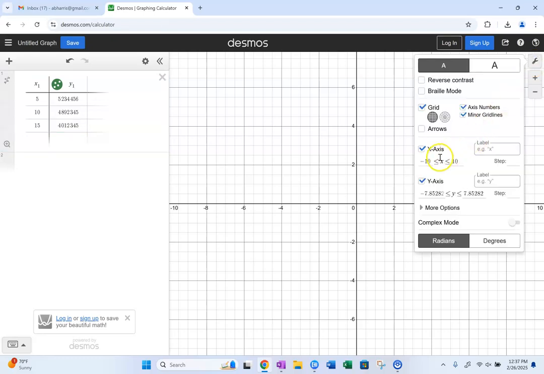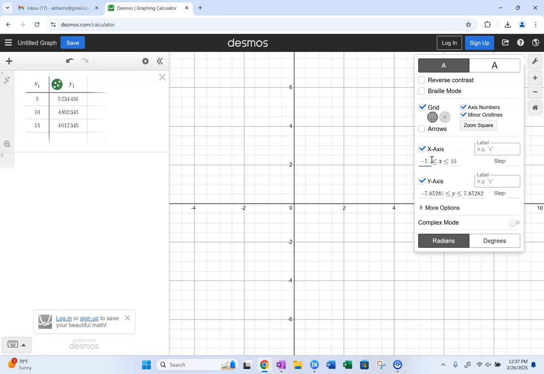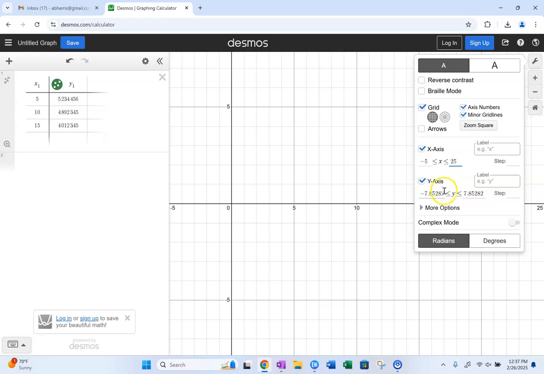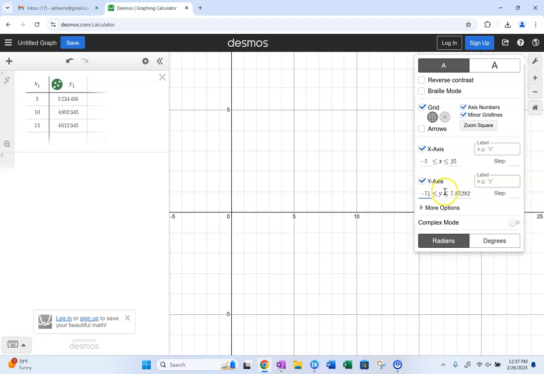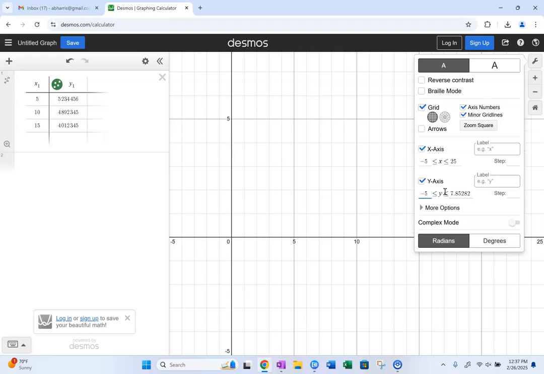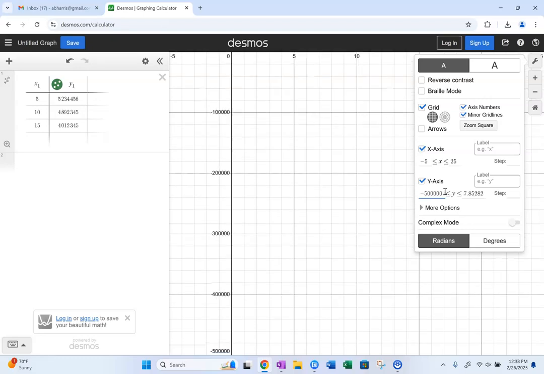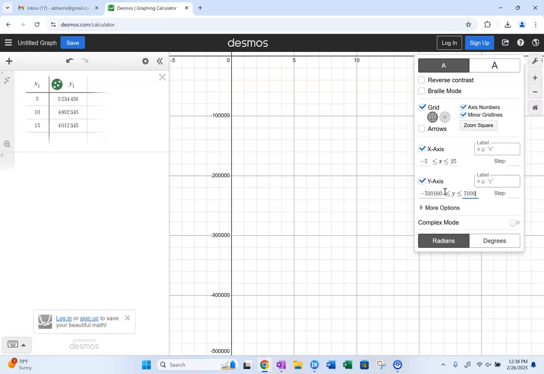Okay. Now, I would have to zoom way out to see this. So let's change our x-axis. Let's go from like -5 up to, I don't know, let's say 25 or so. And my y's, notice I go way up to 5 million something. So let's go from like -500,000 to, let's go to like 7 million.